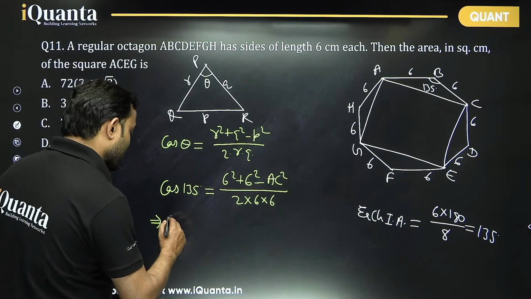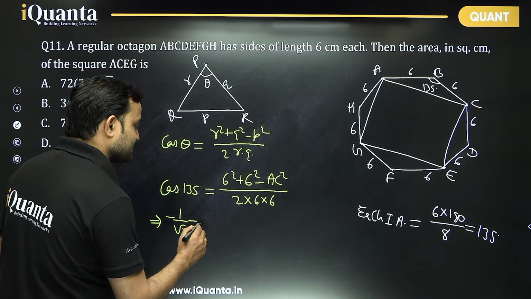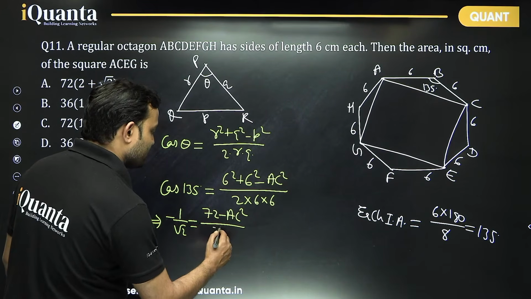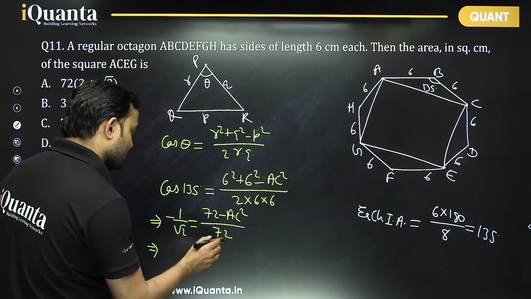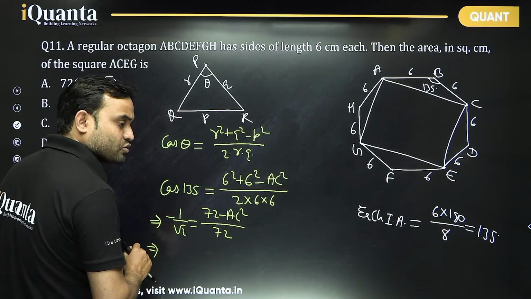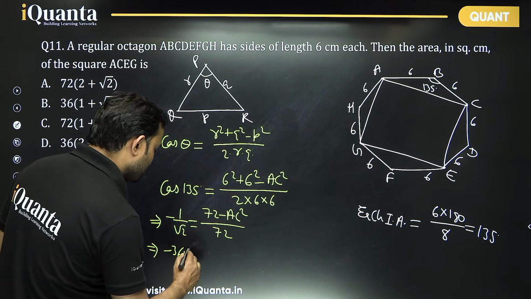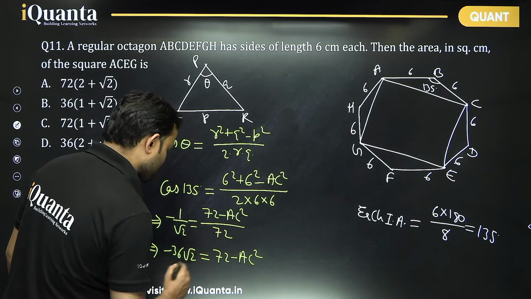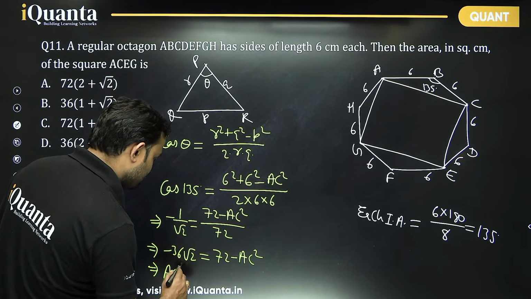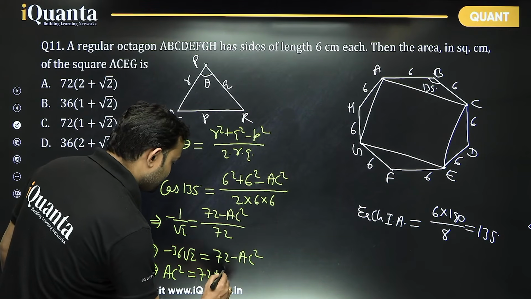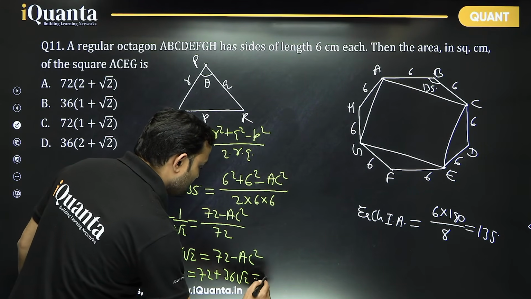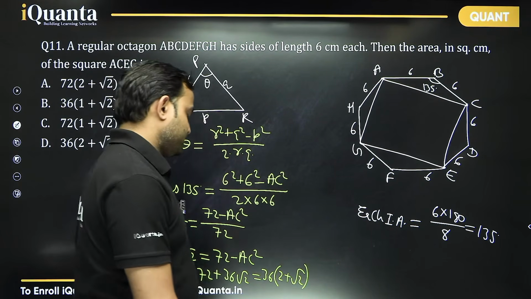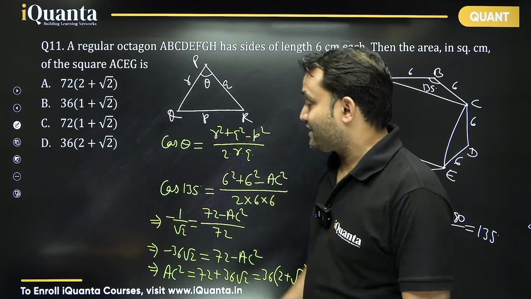So this will be minus 1 by root 2, and this is equal to (72 minus AC square) divided by 72. If we take it this side, 72 upon root 2 is 36 root 2. This is equal to 72 minus AC square. Or we can say AC square will be equal to 72 plus 36 root 2, where if we take 36 common, we get 2 plus root 2. Right? So our answer is option D.